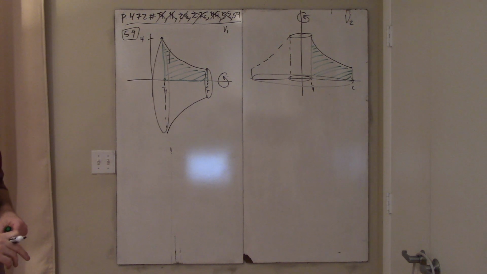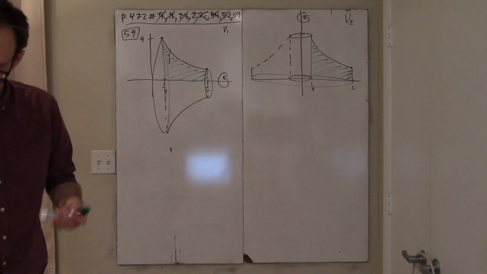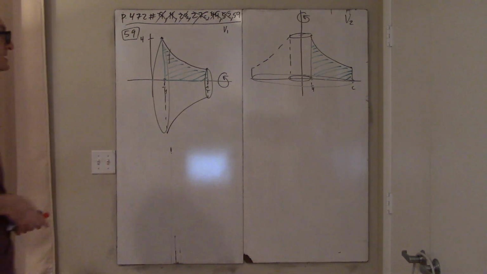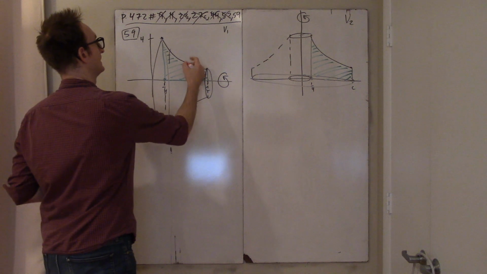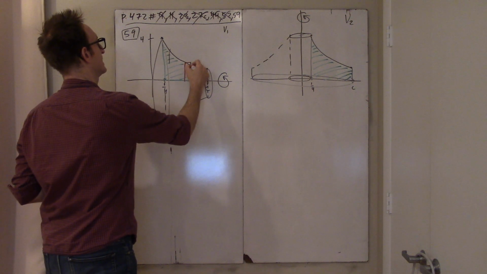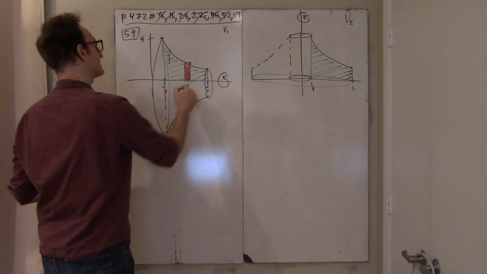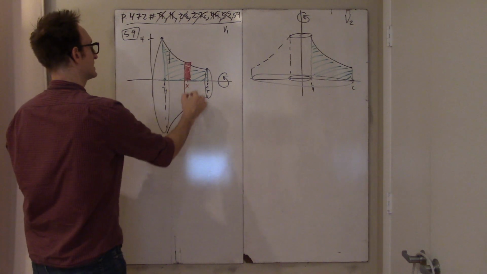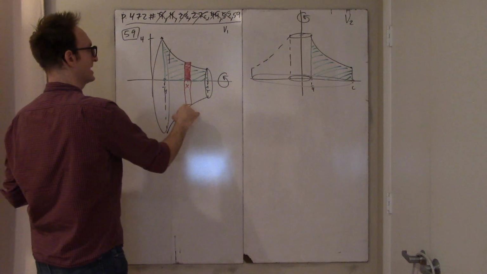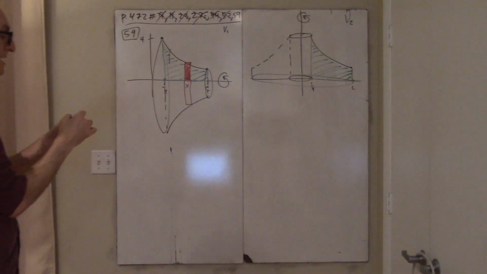Okay, well, I don't know what the best way to do this is, but I guess here I shall use disks, just because I can. So I draw my representative rectangle, that's x. What happens when that representative rectangle is rotated? Well, I get a disk.